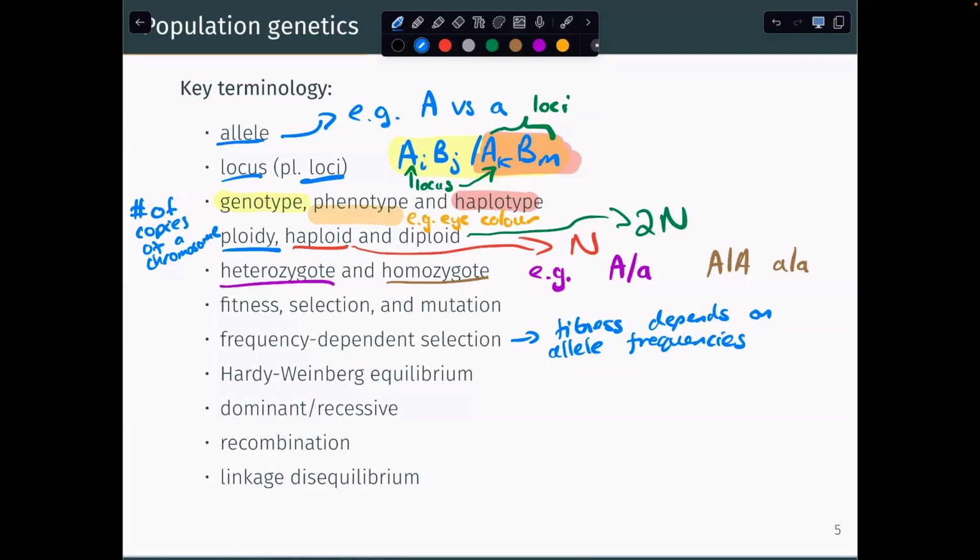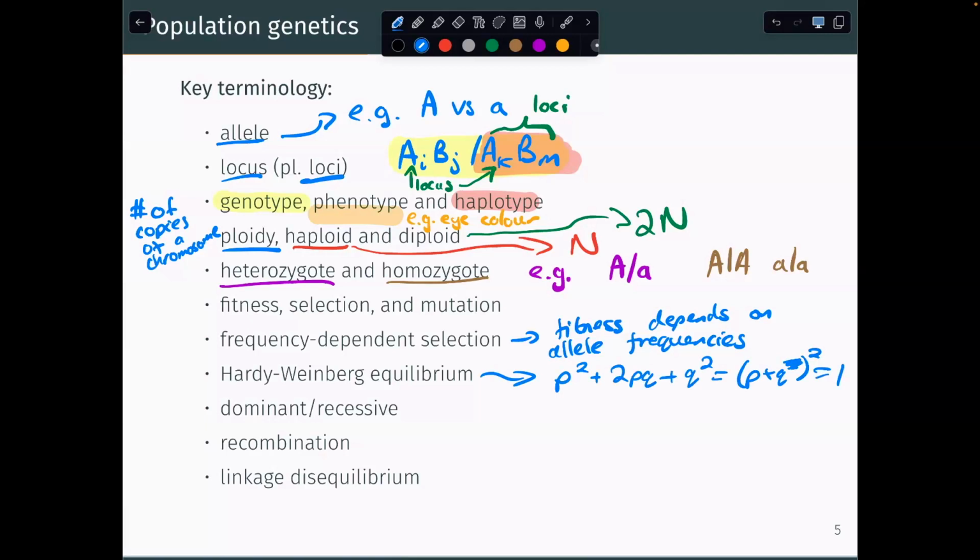Okay. We talked as well about Hardy-Weinberg equilibrium. So if we have two alleles at frequencies p and q, then Hardy-Weinberg equilibrium essentially is just the expansion of (p + q)^2, which equals 1 because we're talking about allele frequencies.